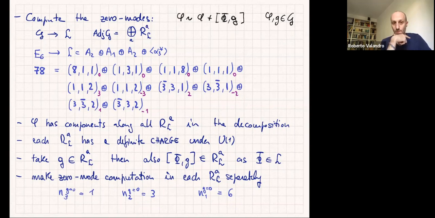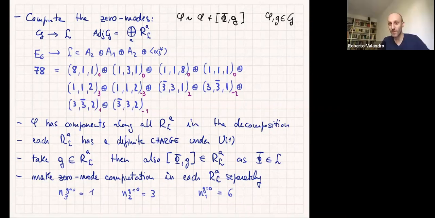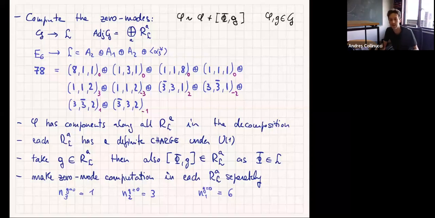I don't know if you are referring to something in particular. Mass terms that are independent for the 6 of them, for instance.